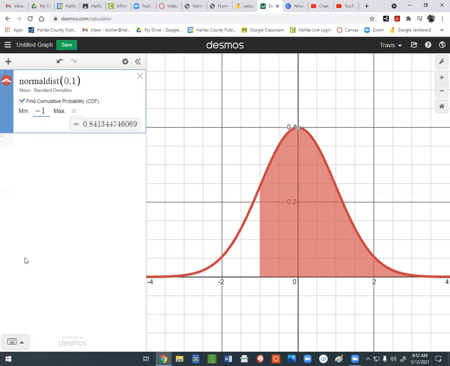And then the upper limit, the maximum, we're going to click on that, and we're going to put a +1 right there. So 1 is going to be my upper limit. So now on the x-axis, you'll notice that only this portion below the normal distribution is shaded.